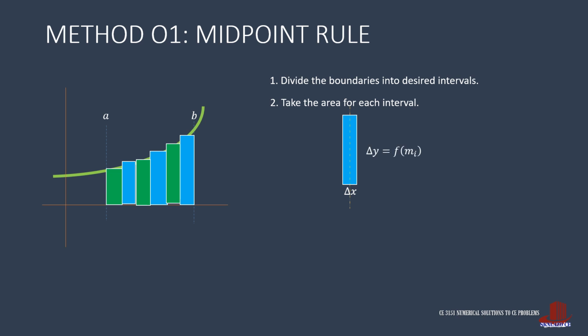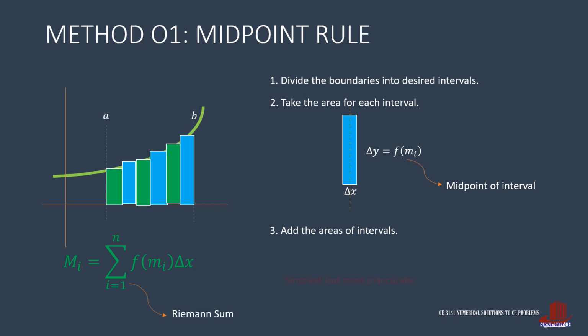The base is tagged as delta x, and delta y takes the height by using the midpoint of the interval. With base and height already known, individual areas are solved and added to have the total area. This is shown from Riemann's sum. This method is simple to do, but it shows inaccuracy in the exact area computation.